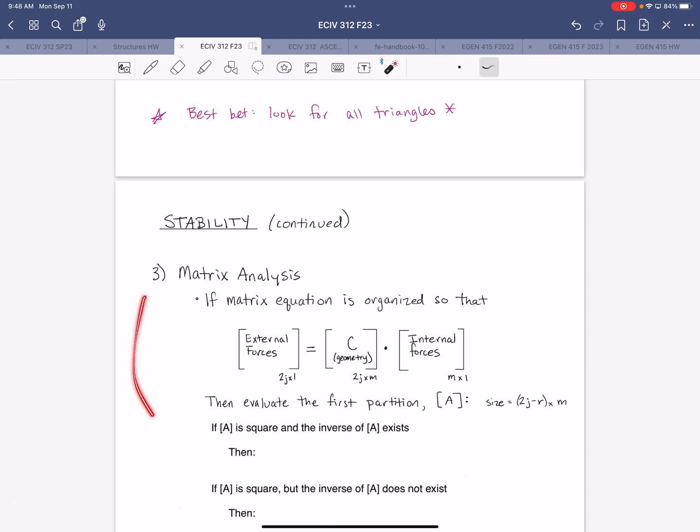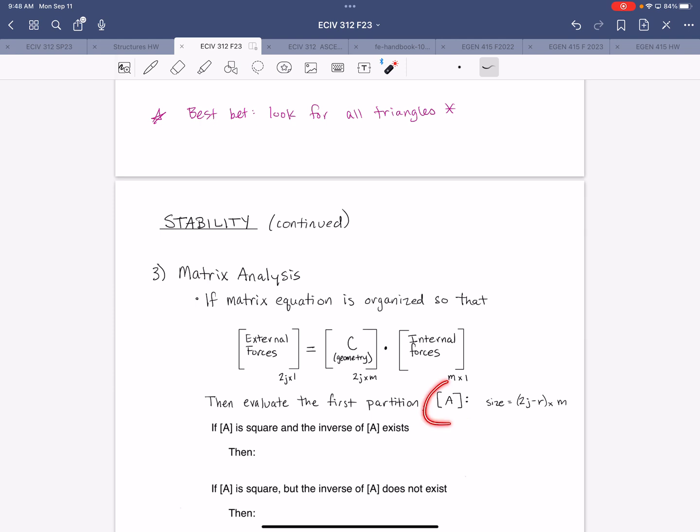What that looks like in terms of our matrix assembly of method of joints that we talked about on Friday last week: if you have your matrix equation the way we did in class, where you have all your external forces on one side and then the geometry coefficient matrix times your internal forces, which are all unknown, then you partition it.